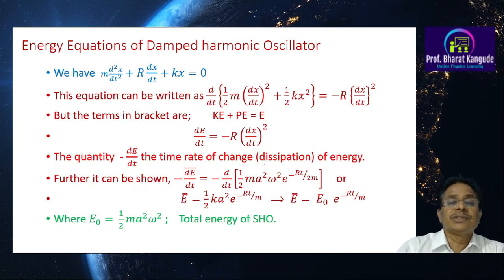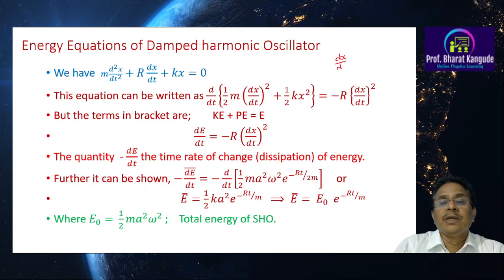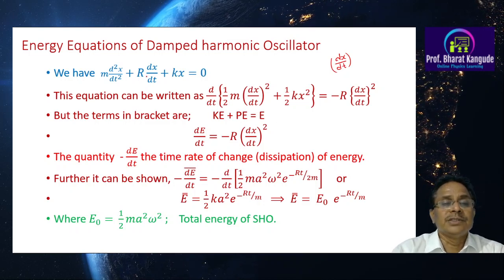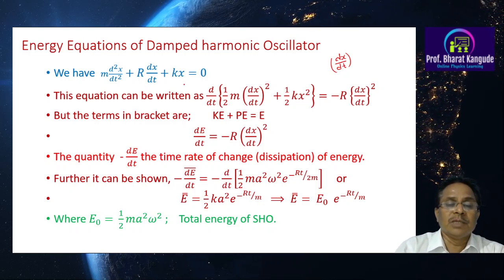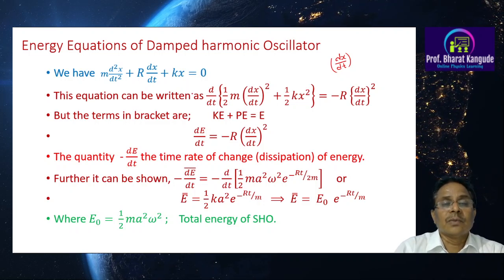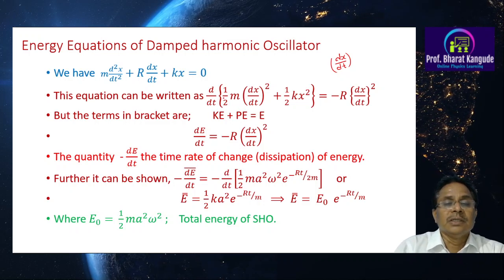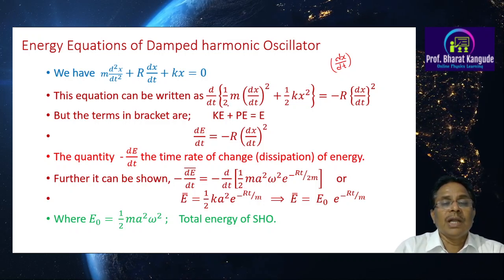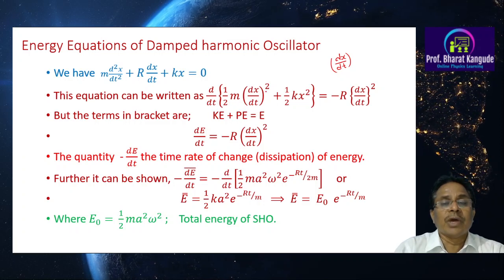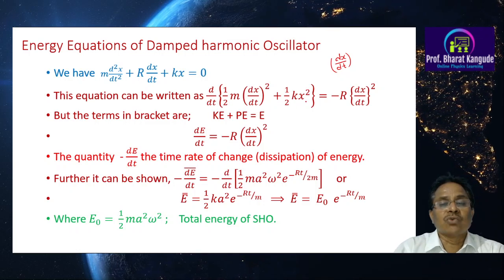Now, if this equation is multiplied by dx upon dt on both sides and rearranged, we can write it as d by dt of the bracket 1/2 m (dx upon dt) square plus 1/2 k x square.